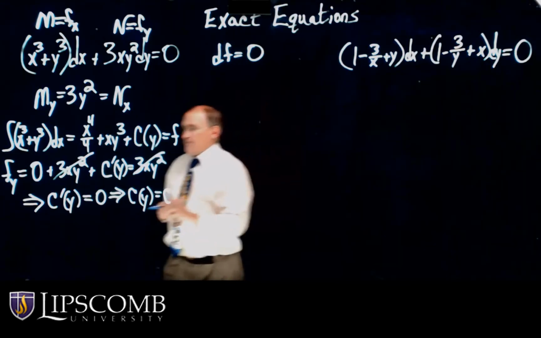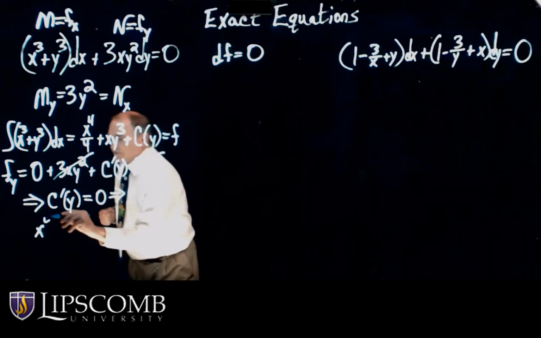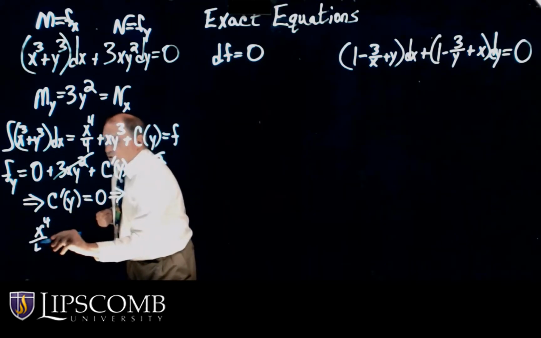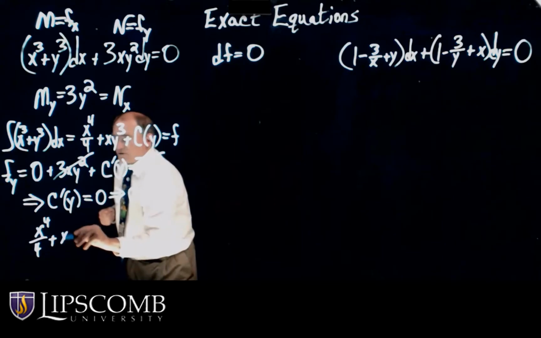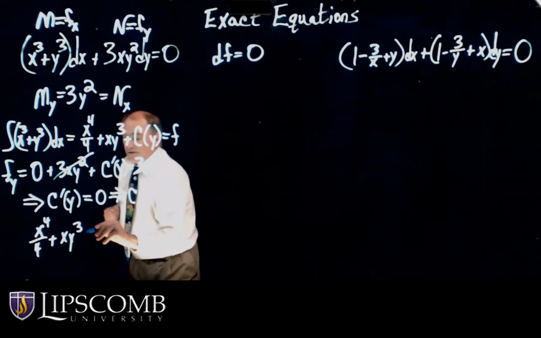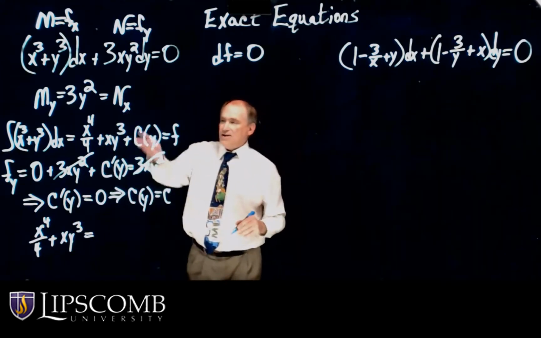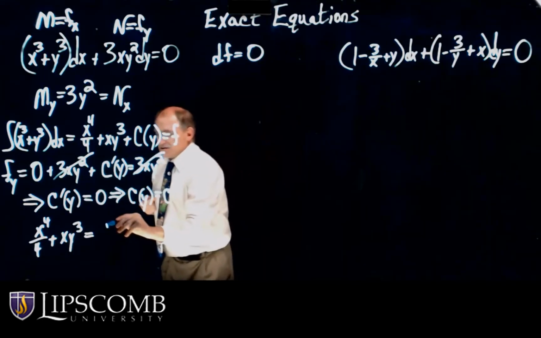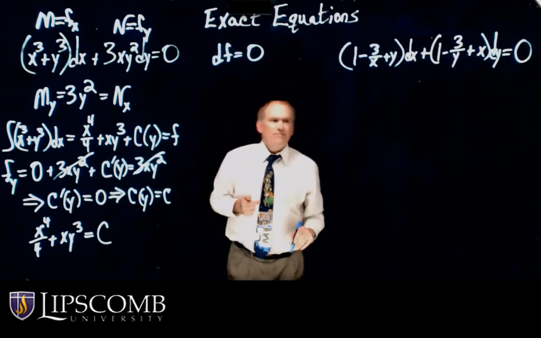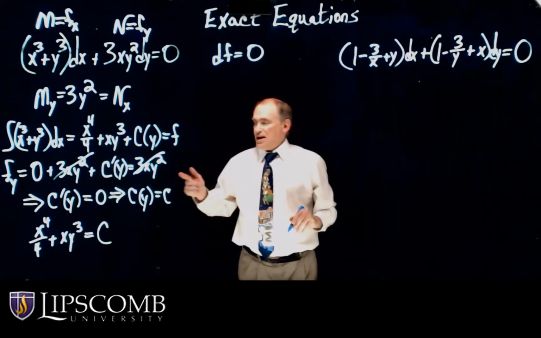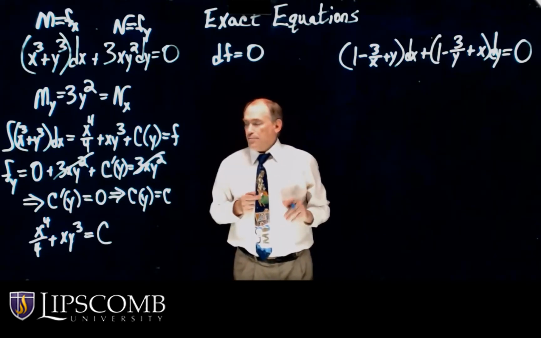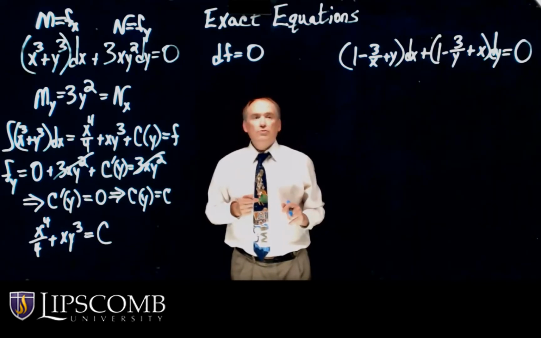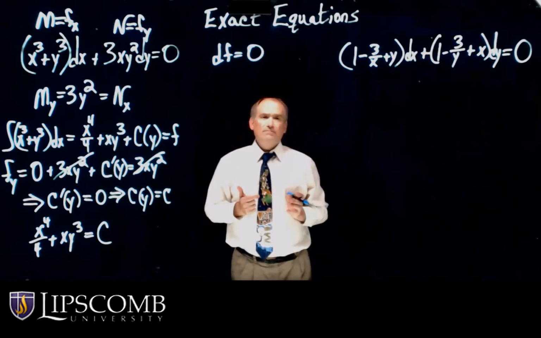So my f is x to the 4th over 4 plus xy cubed, and then equal to, I got a c here, but again, what's the integral of 0? It's c. So there is my final answer. It's x to the 4th over 4 plus x times y cubed equal to c.